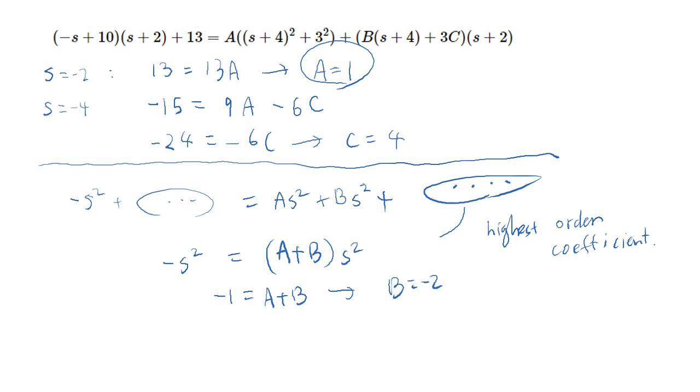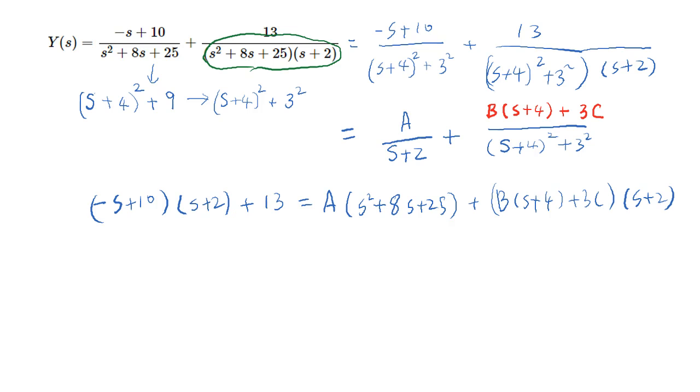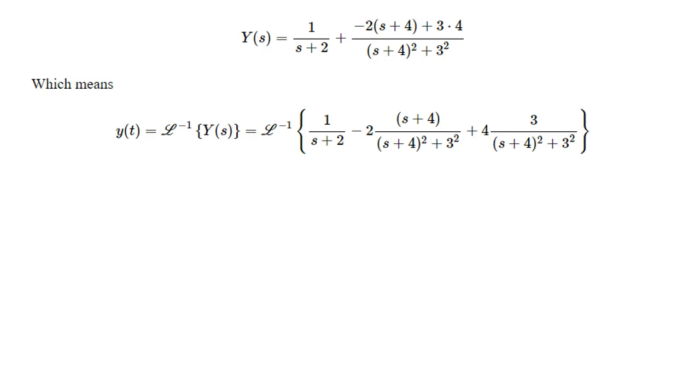We have to go back and plug it into our expression here, right? a is 1, b is negative 2, c is 4. If I plug that in, this is what we get. Since that was our Y of s, we get the Y of s in this form: 1 over s plus 2, negative 2 s plus 4 over the quantity, with 3 times 4, okay?